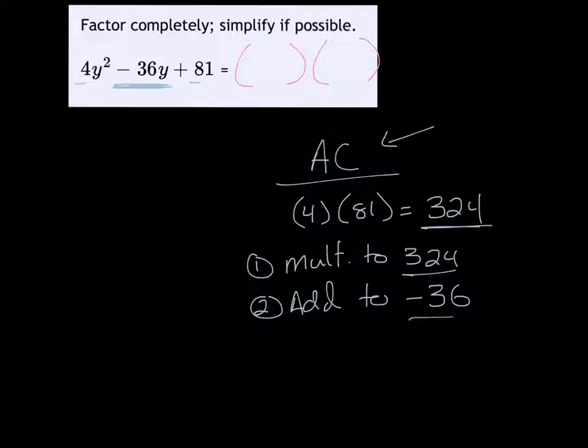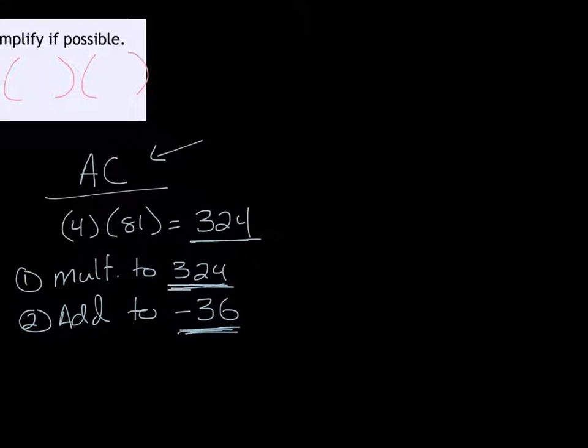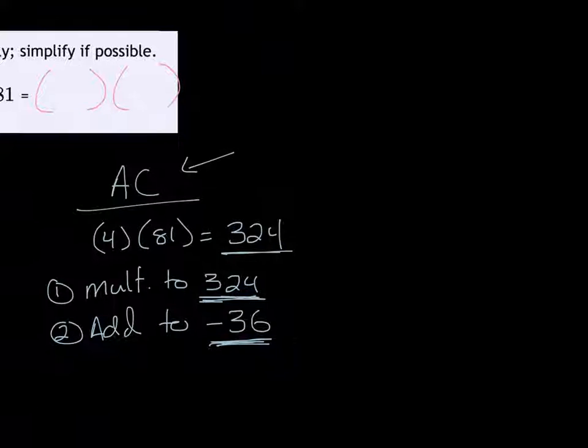Those same two numbers have to multiply to be A times C and add to be negative 36. Let's talk for a second about how to find these numbers.